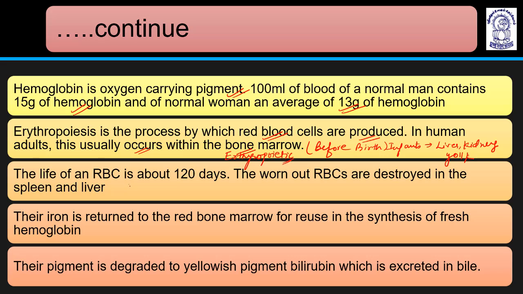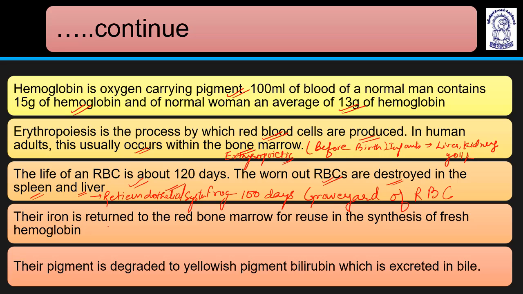The lifespan of human RBC is around 120 days. For frog, it is 100 days. The worn out RBCs are destroyed in the spleen and liver. The spleen and liver represent the reticuloendothelial system, and they are the graveyard of RBCs.